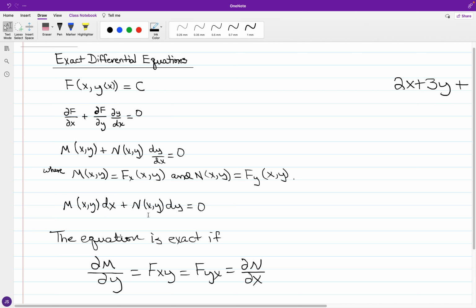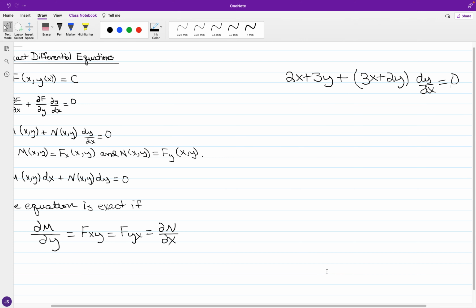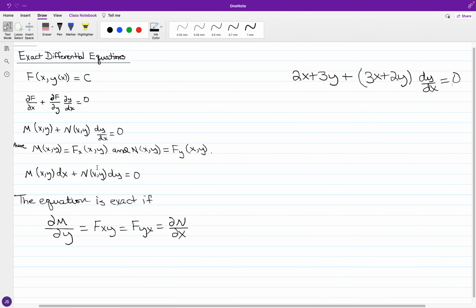This equation is regarded as exact if the partial derivative of m with respect to y is equal to the partial derivative of n with respect to x. Just to give you an example of an exact differential equation, I'm going to map these two items together.